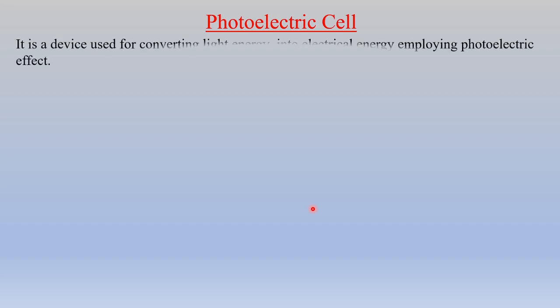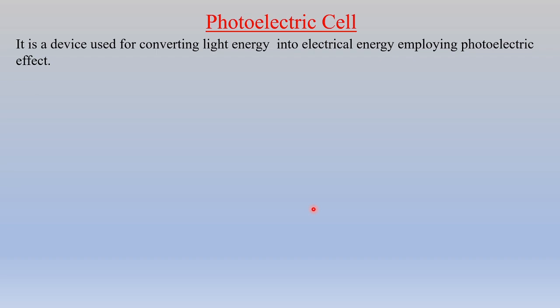Now let us see the applications of the photoelectric effect. One of the main applications of the photoelectric effect is the photoelectric cell. So what is a photoelectric cell? A photoelectric cell is a device that is used for converting light energy into electrical energy, employing the photoelectric effect.